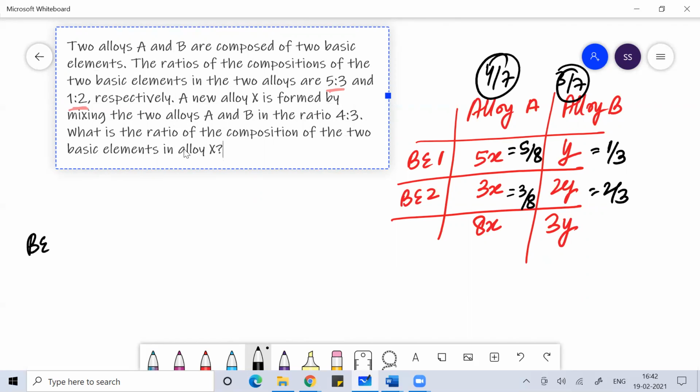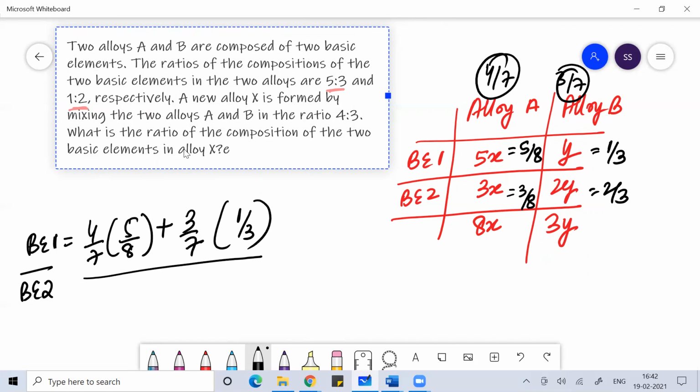The ratio of basic element 1 to basic element 2, that will be 4 by 7 of 5 by 8 plus 3 by 7 of 1 by 3.